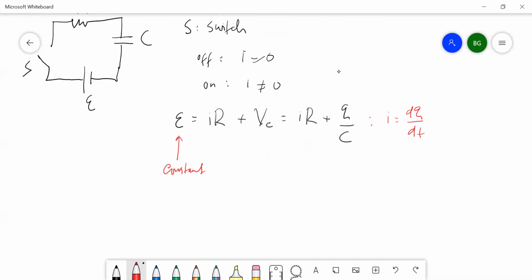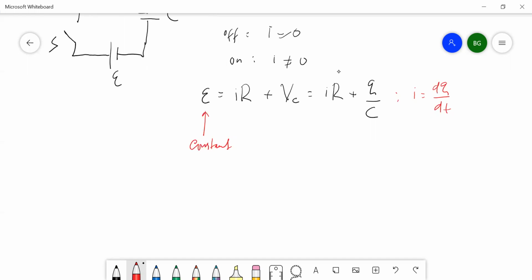We can take the derivative. We differentiate this equation, star, with respect to t.